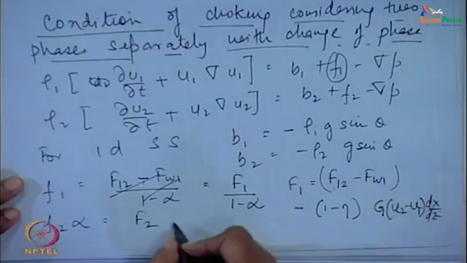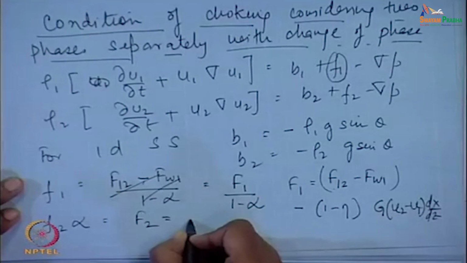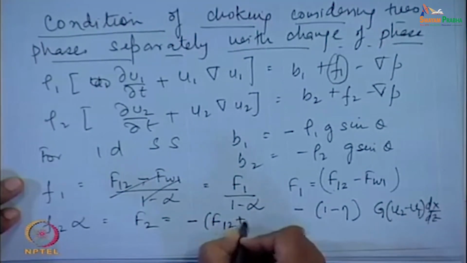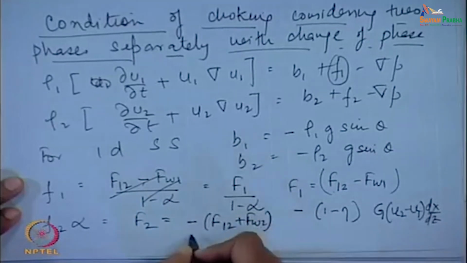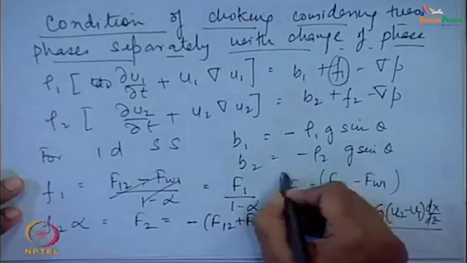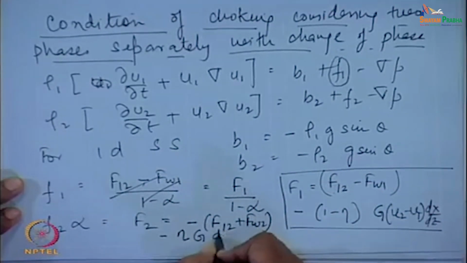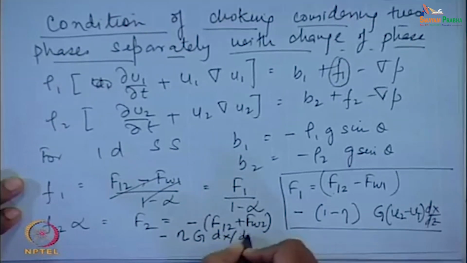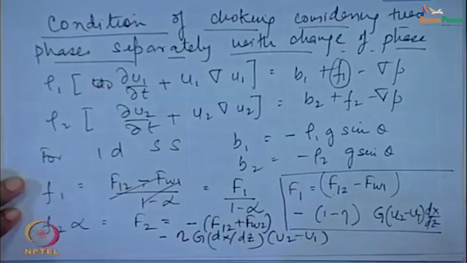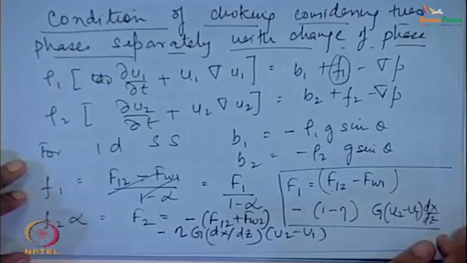The same way we can write F2, this is equal to minus of F12 plus Fw2 minus, this was F1 minus eta G dx dz into u2 minus u1. So, these things we had already derived, right.